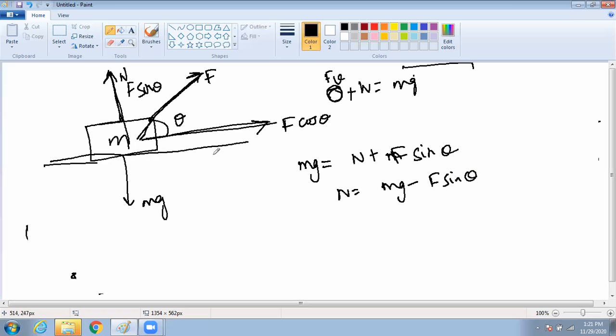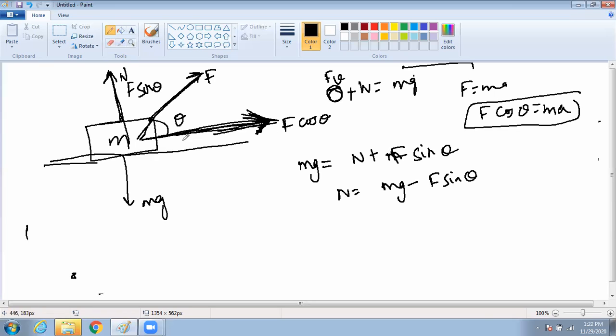That means this is the force in this direction. Yes or no? So now your F is no more ma. Your F cos theta is equal to ma. Before we had F, but here it is not F. It is F cos theta. Understood?